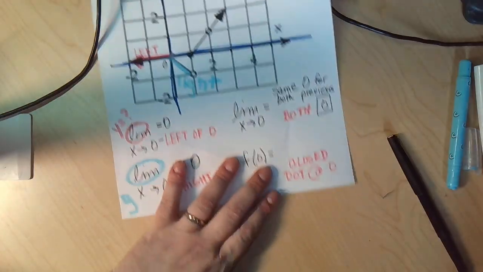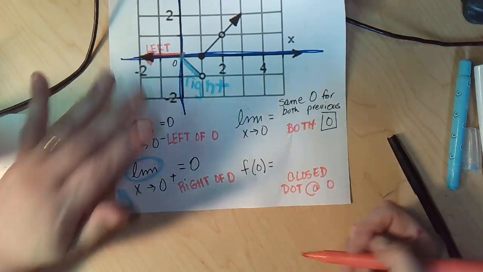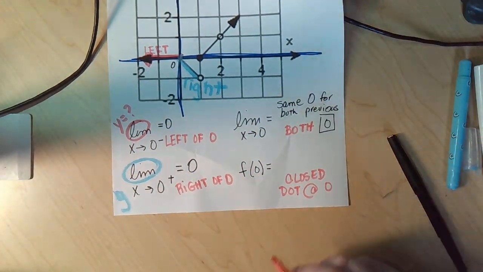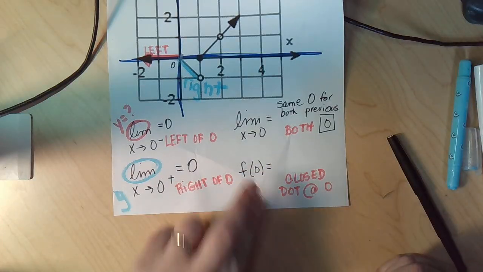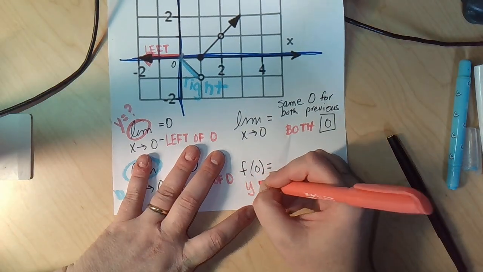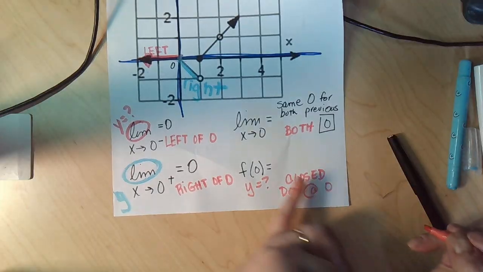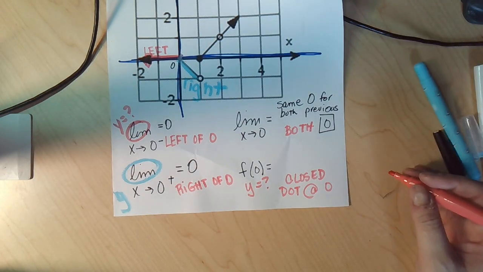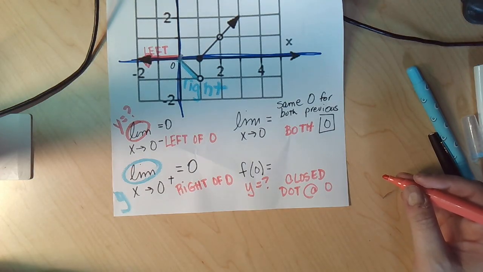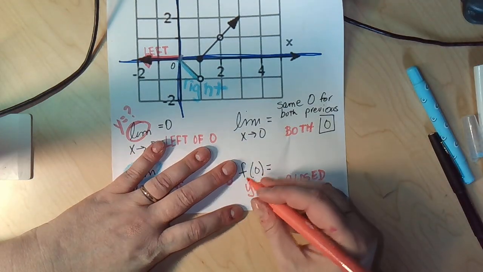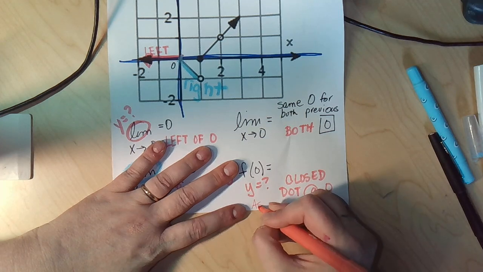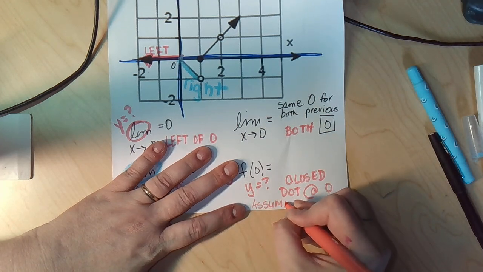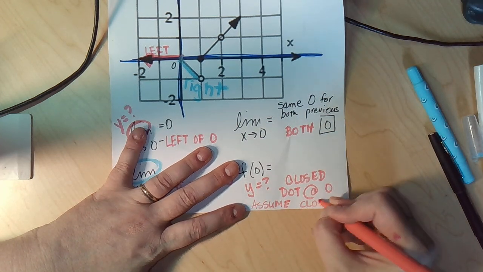Okay, here's the thing. For this F business, you either write down the y value at the closed dot at 0, or if you don't have a closed dot, you use the y value and you assume it's closed.